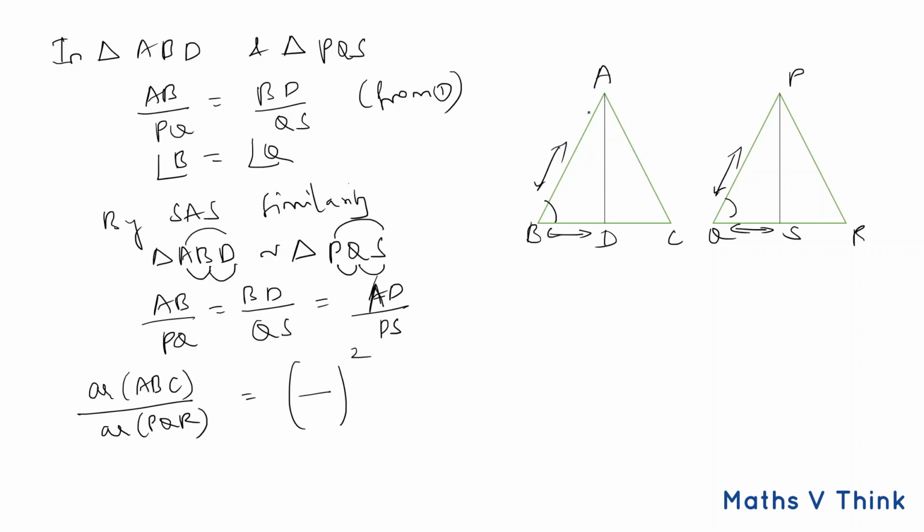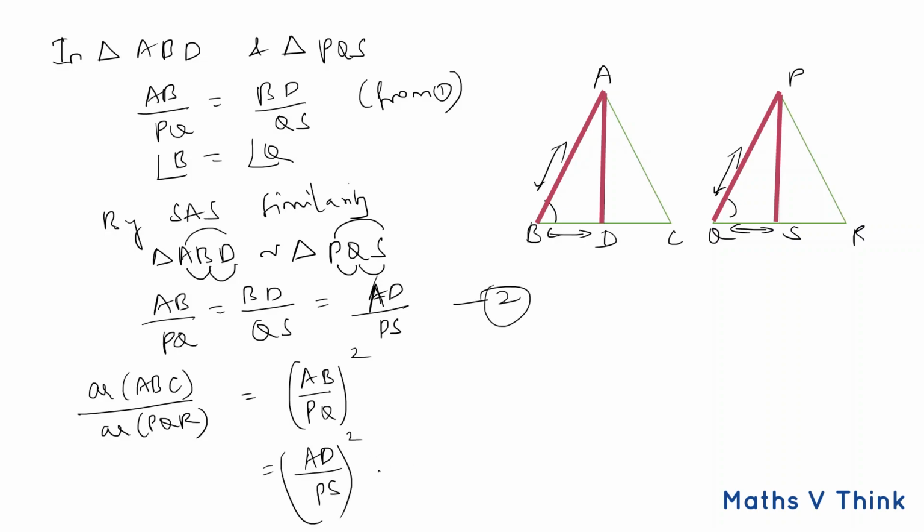Here I'll be taking sides AB and PQ, AB divided by PQ. Let this be 2. Now you can see here we got AB by PQ is equal to AD by PS, that is the median. So in place of AB by PQ, can I substitute AD by PS? So it is equal to AD by PS the whole square from 2.